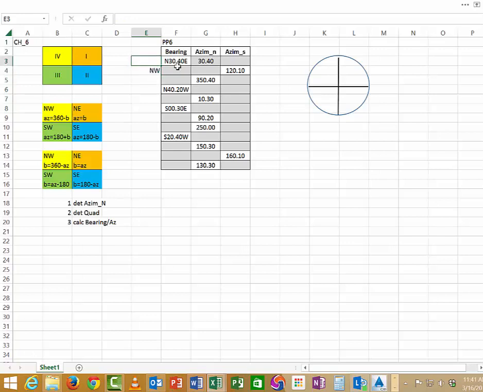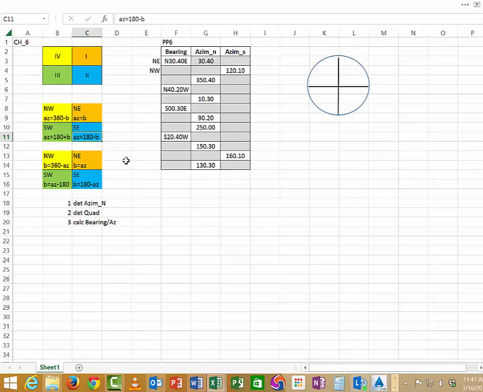So the way I do these tables is I just go through and figure out what quadrant they're in, and I just label it. That's me. But let me keep going through these formulas. The southeast quadrant, if you have a bearing and you want an azimuth, it's 180 degrees minus the bearing.